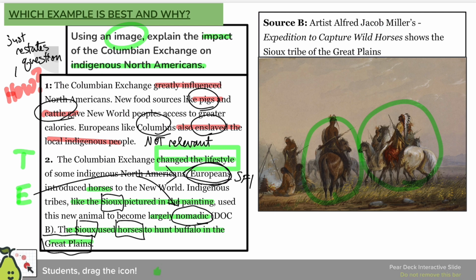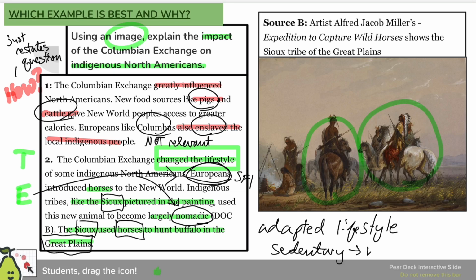The horses that the Europeans brought enabled them to adapt their lifestyle to being nomadic. Okay, so they went from being sedentary, settled, in a city or a territory, to now being nomadic hunter-gatherers. That is an effect that is depicted in this image. Okay, are we clear so far?